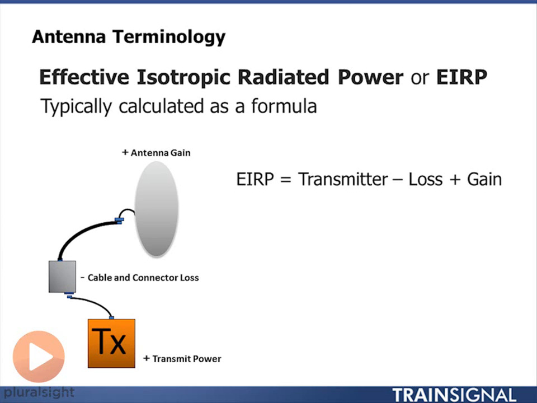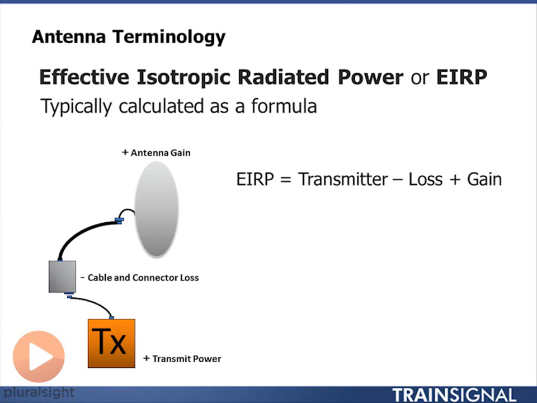Then I get to the antenna, and let's say in this example I'm using a parabolic antenna like the example shows, and let's say the gain of that antenna relative to my isotropic antenna. Remember, my isotropic antenna is that perfect sphere, but here I'm forcing all my energy with a parabolic dish into a long beam. So let's say I have a gain of 15 dBi.